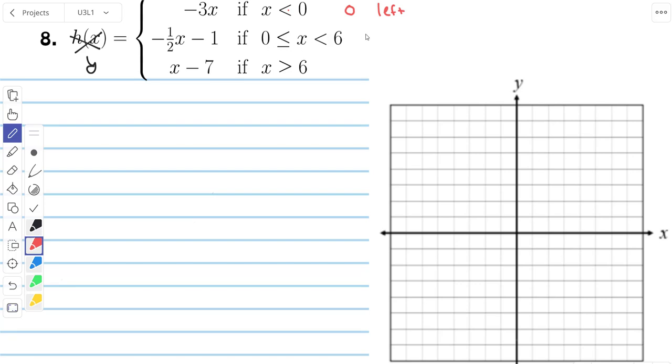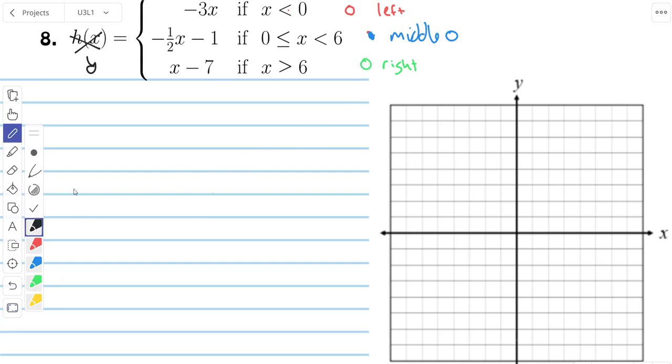Now my middle has a closed dot, and I'm looking at stuff that's in the middle, followed by an open dot. And on the right, I'm going to have an open dot.